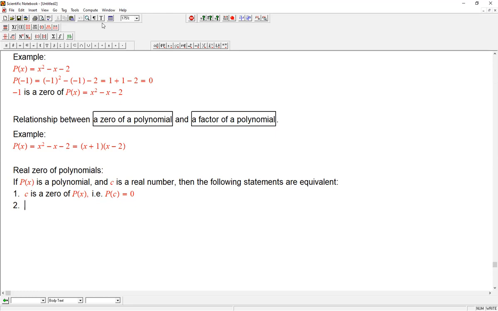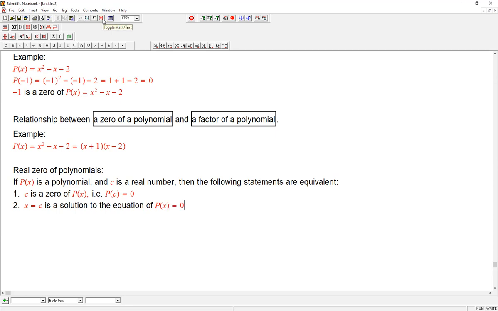Second, if one is true, then X equals C is a solution to the equation P of X equals 0.